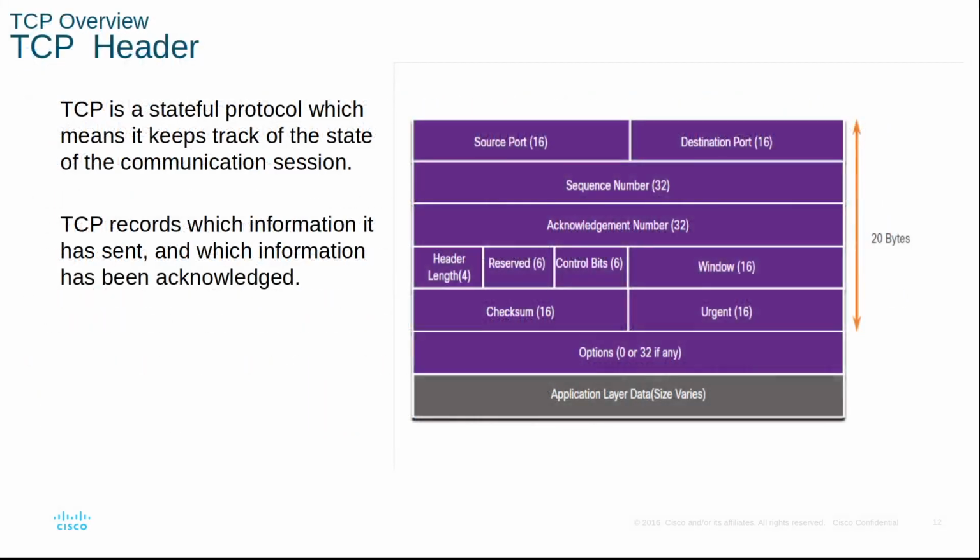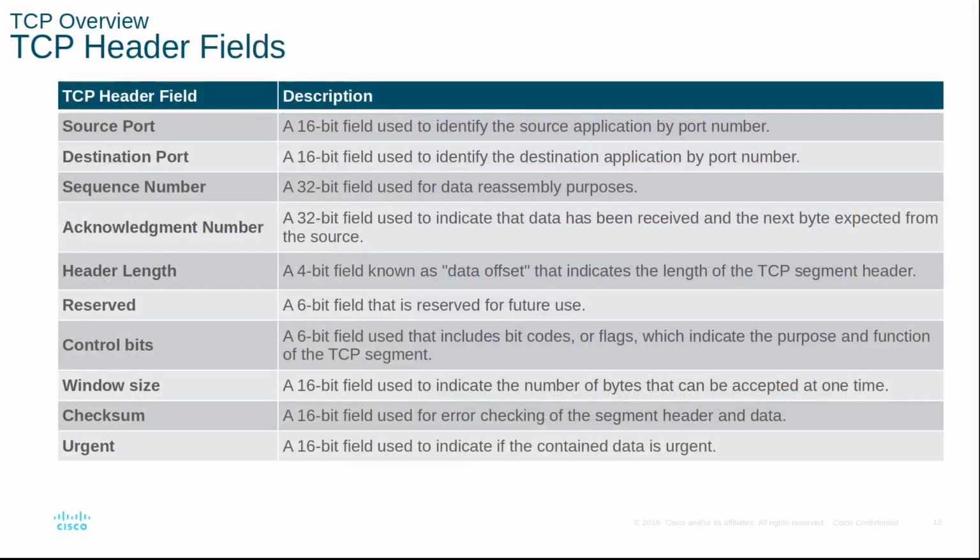Here's what a TCP packet looks like. Of course, this is a diagram of what it looks like, right? It's all binary. So on that packet diagram we've seen, we see a source port and a destination port. These are 16-bit fields to identify the source and destination application by port number.